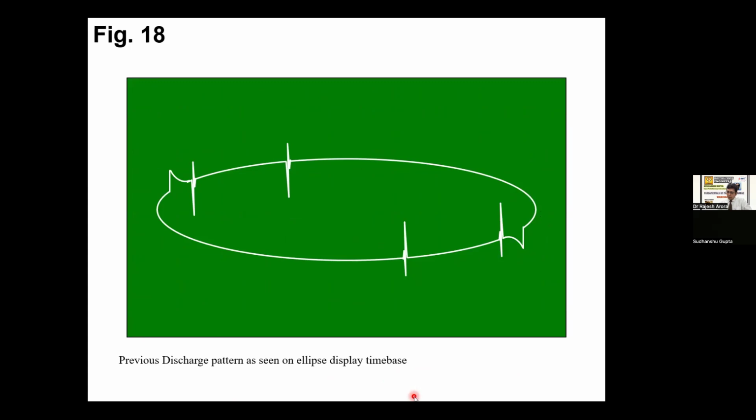For partial discharge measurement, synchronization is a must, because only then can you place it in the right quadrant. The people who are involved in testing as per IEC 60270 know this ellipse very well, because this is how it has been measured for many years.